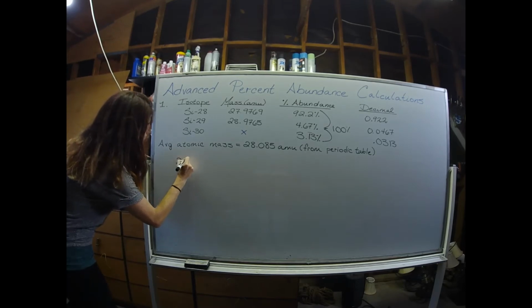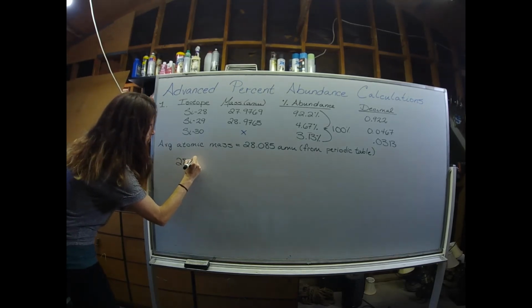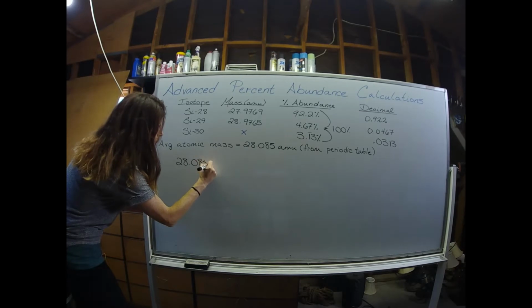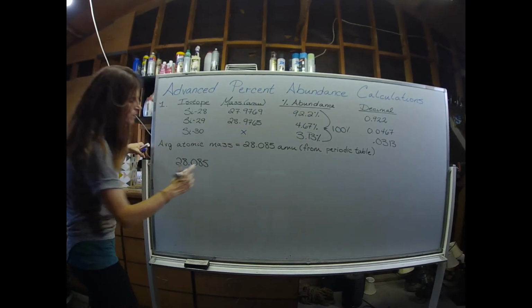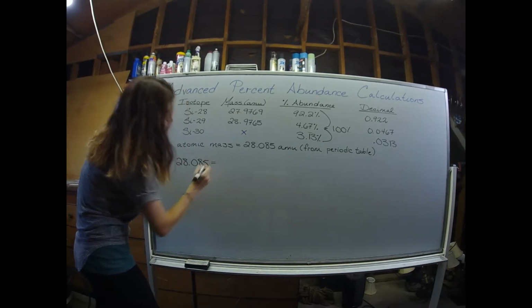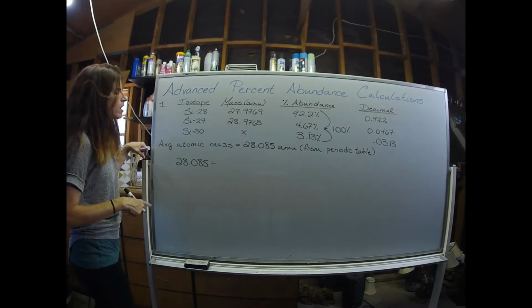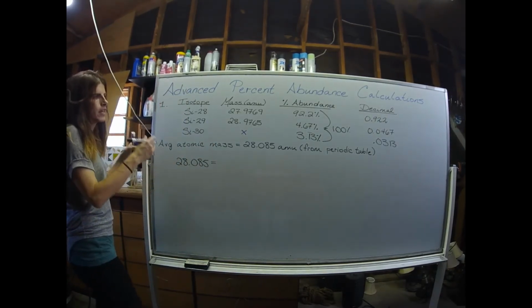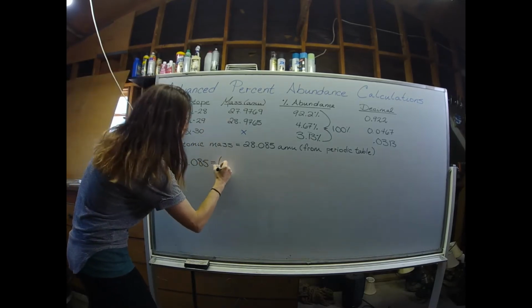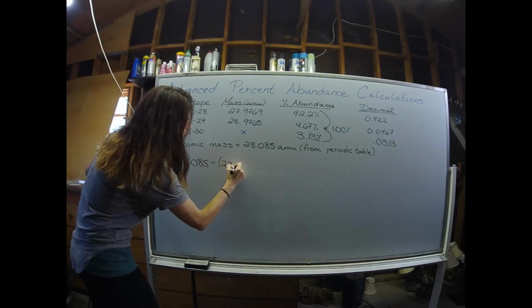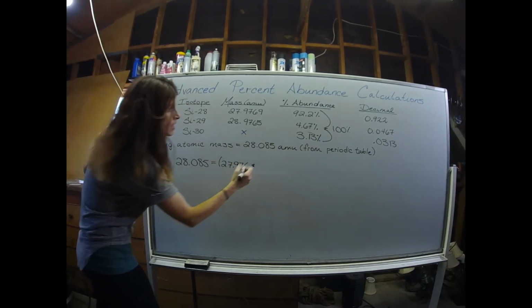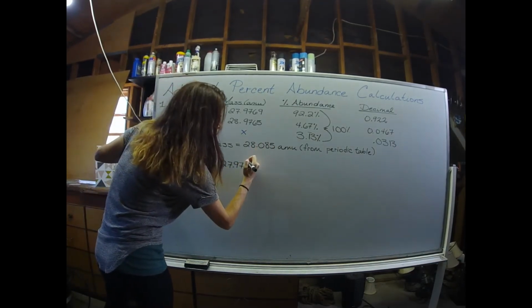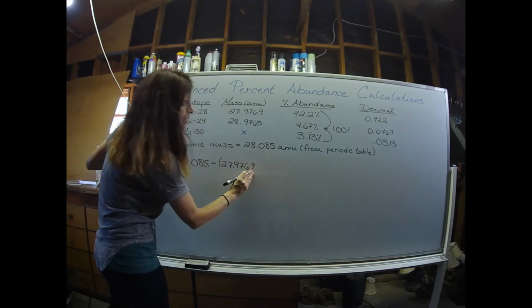My average atomic mass is going to be on the left-hand side. Everything's in AMU, so I'm going to leave off the units just to save space. We'll tack them back on at the end. And then we're going to do the individual mass times its percent abundance written as a decimal.